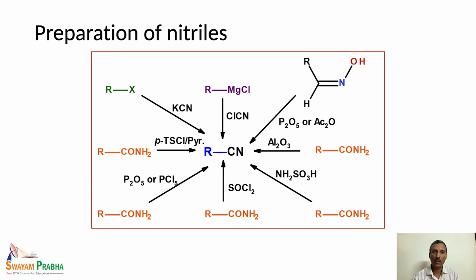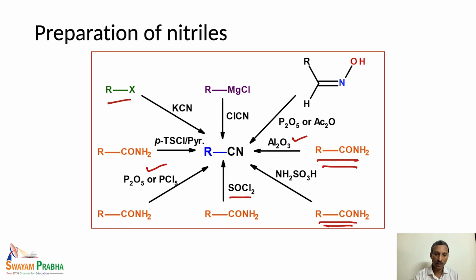So, the overall reactions of the various nitrile preparation methods are given here. The most common one is from the amide starting material. The amide undergoes dehydration using Al2O3 or P2O5 and PCl5, or para-toluenesulfonyl chloride and pyridine, or even in the presence of thionyl chloride, to give the corresponding cyanide compound.